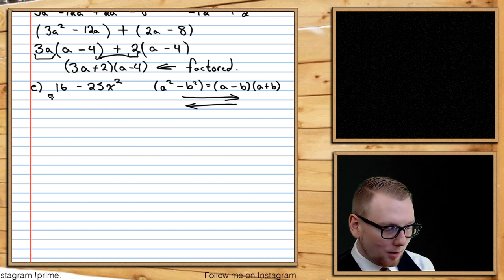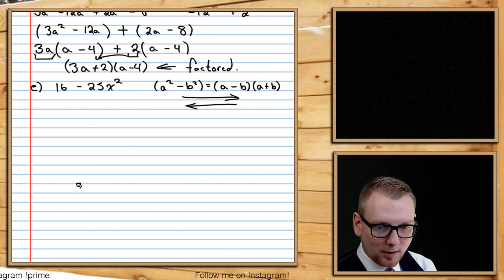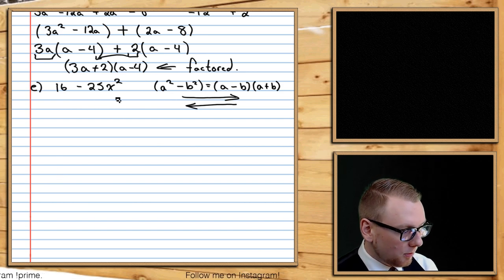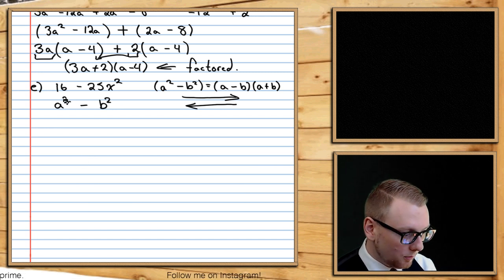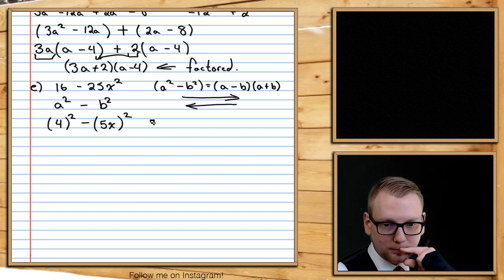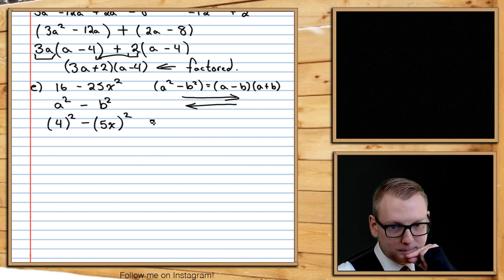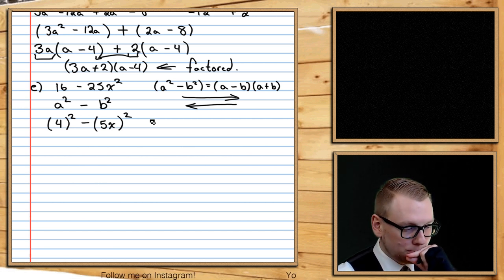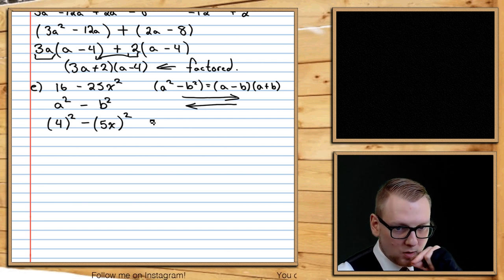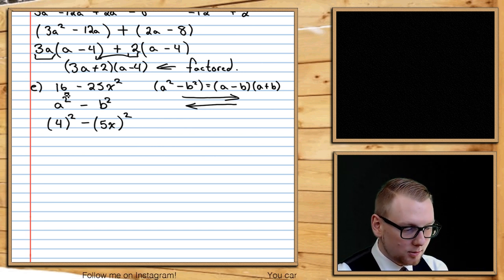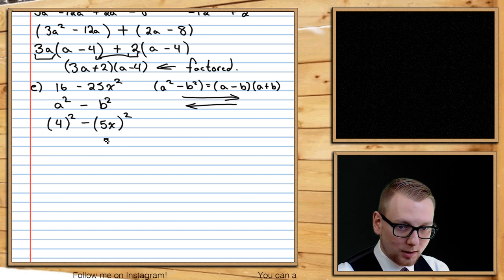So the question is 16 minus 25x squared. So we have a squared minus b squared. If I rewrite this, it's 4 squared minus 5x squared. Do you see how the 16 changed to 4 squared and the 25x squared is 5x squared?